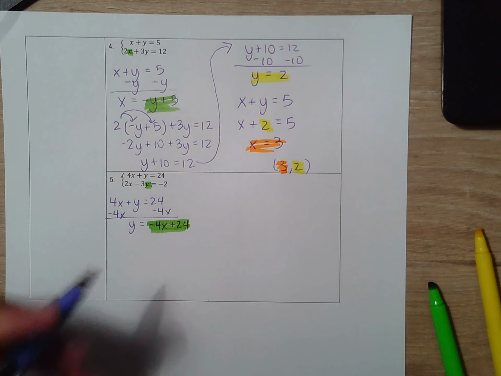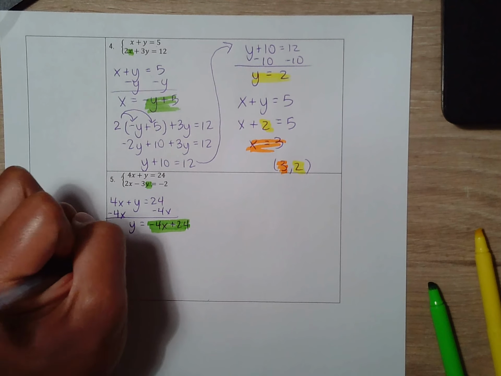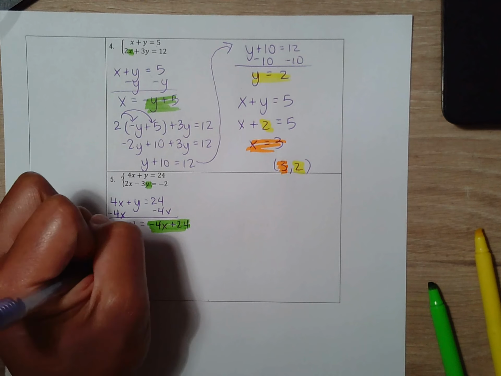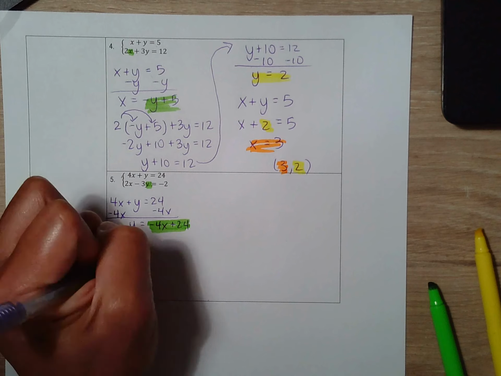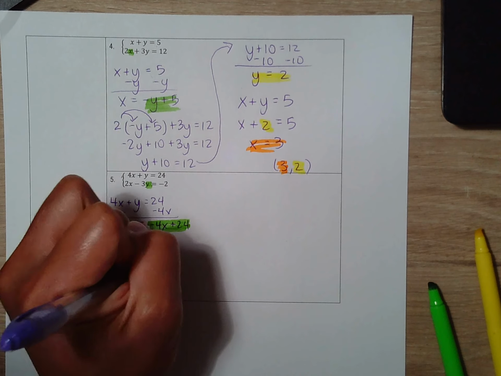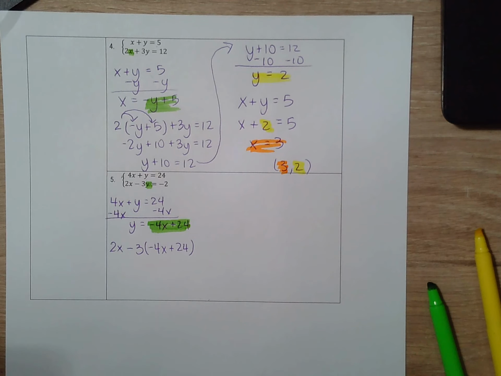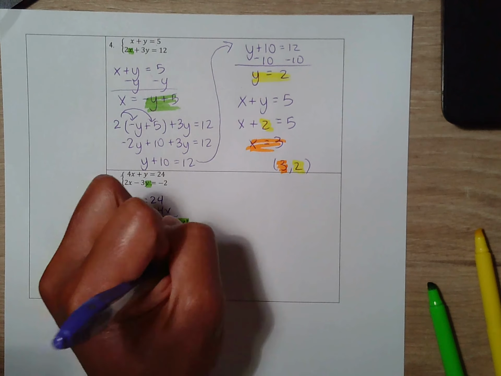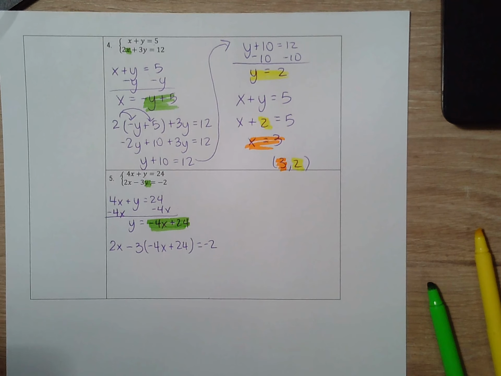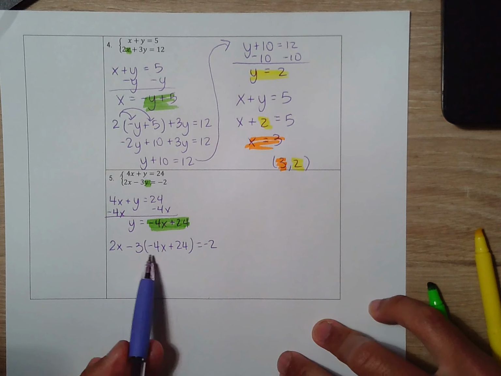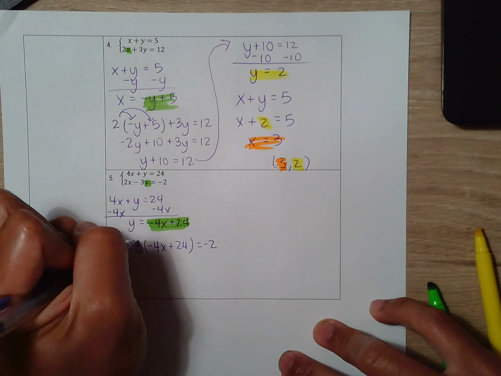Okay, so let's try to do this. We have 2x minus 3 times negative 4x plus 24. All right, and then that's still equal to negative 2. Now we want to get rid of parentheses, so we distribute this negative 3, right?